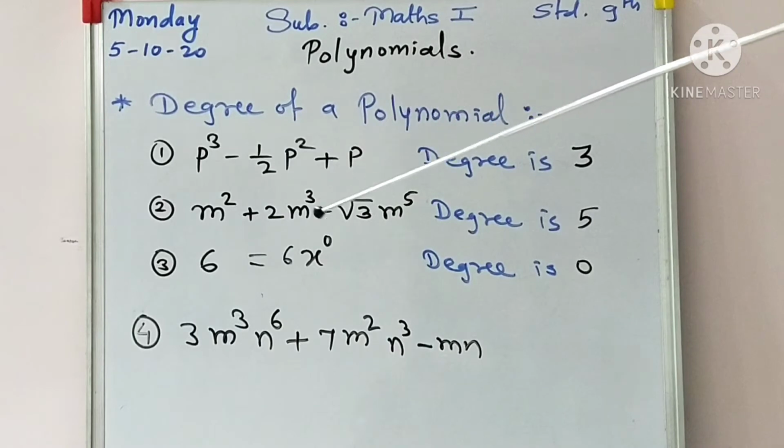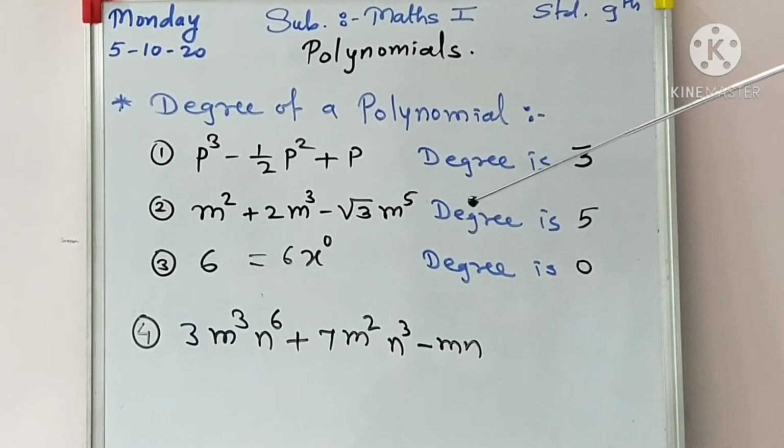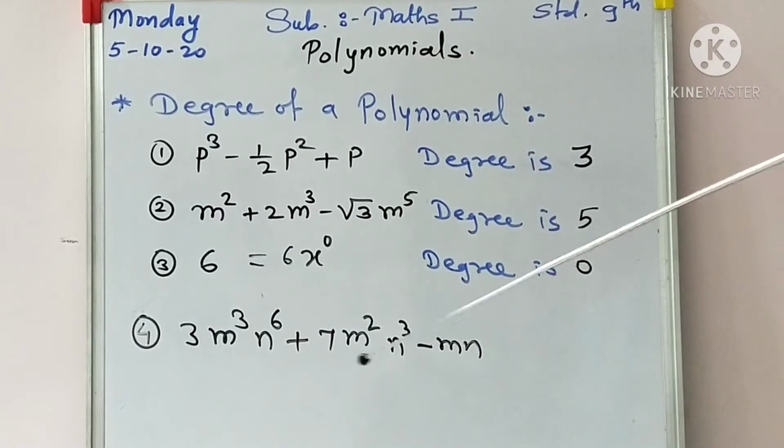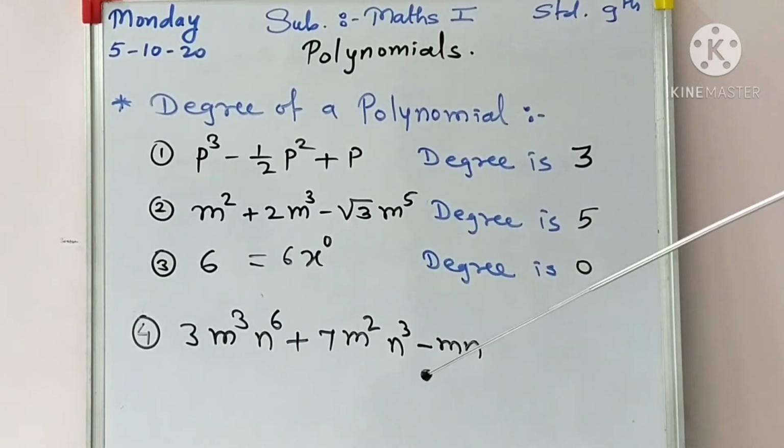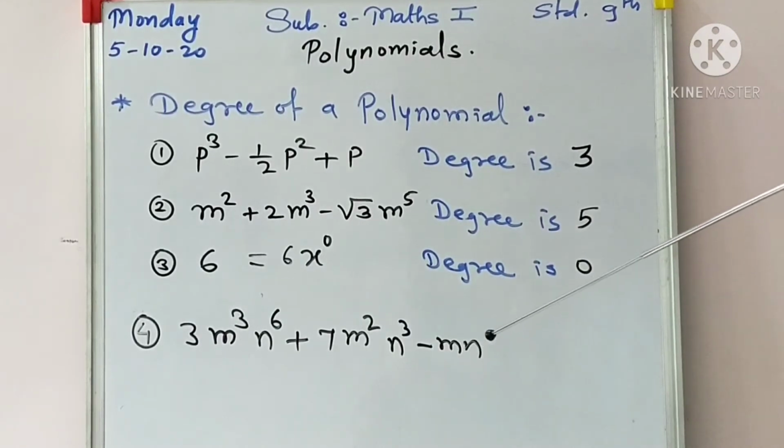According to the definition, the highest power is the degree of a polynomial, but if there is a two-variable polynomial, then we say the highest sum of the powers of the variables is the degree of the polynomial.